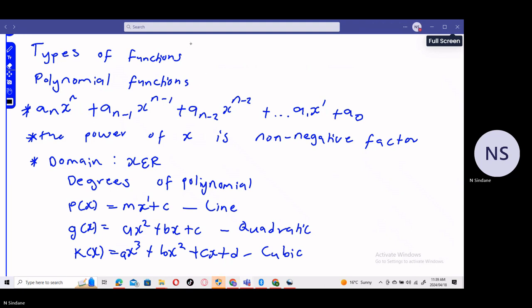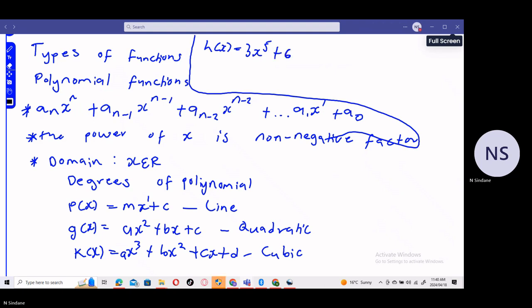Let's take a few examples of polynomials. Say you have 3x to the power 5 plus 6x cubed plus 2. This is a polynomial, and this type of polynomial is a multinomial because it has more than two terms.